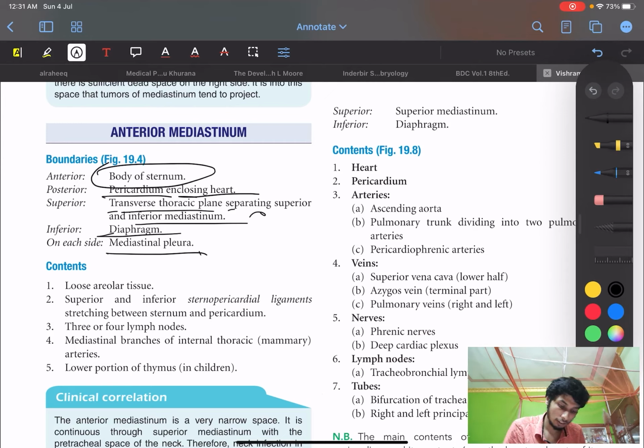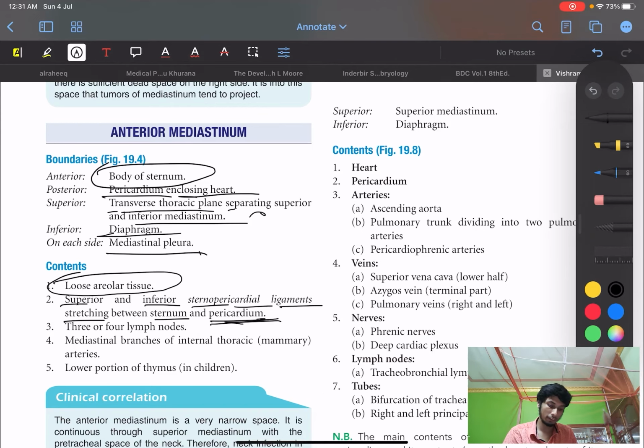Contents: loose areolar tissue, it will always be there. Superior and inferior sternopericardial ligaments, stretching between sternum and pericardium. That's easy, you can remember.